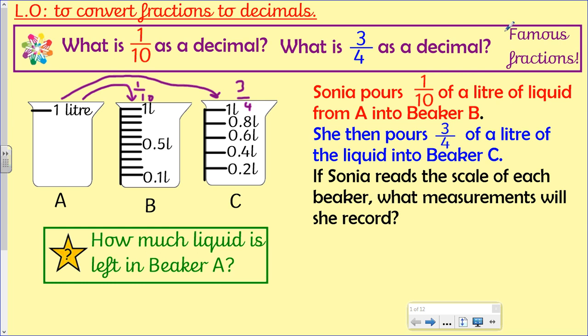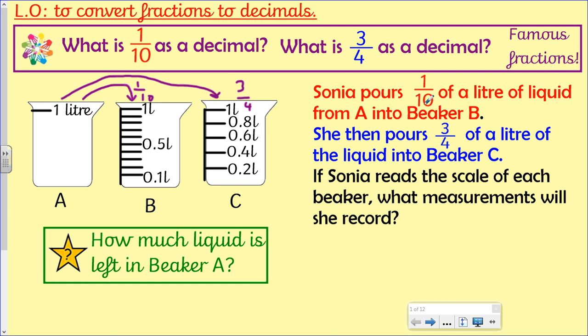If you did Thursday's lesson, so yesterday's lesson, then we were talking about famous fractions. If you missed out yesterday's lesson, what you could do is just quickly watch the guided video on the YouTube channel, just about the famous fractions, and then that might help you with this task.